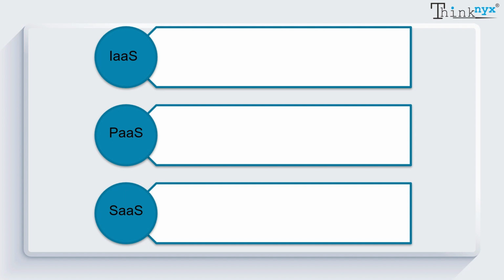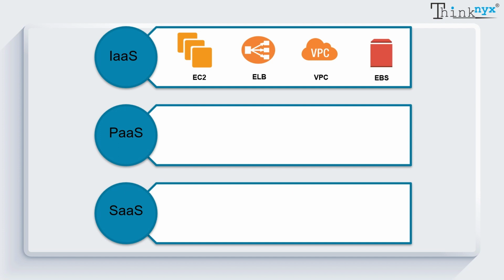We are responsible for deploying, maintaining and supporting our applications, while the IaaS provider is responsible for maintaining the physical infrastructure. Some of the IaaS services that AWS provides are EC2, ELB, VPC and EBS.